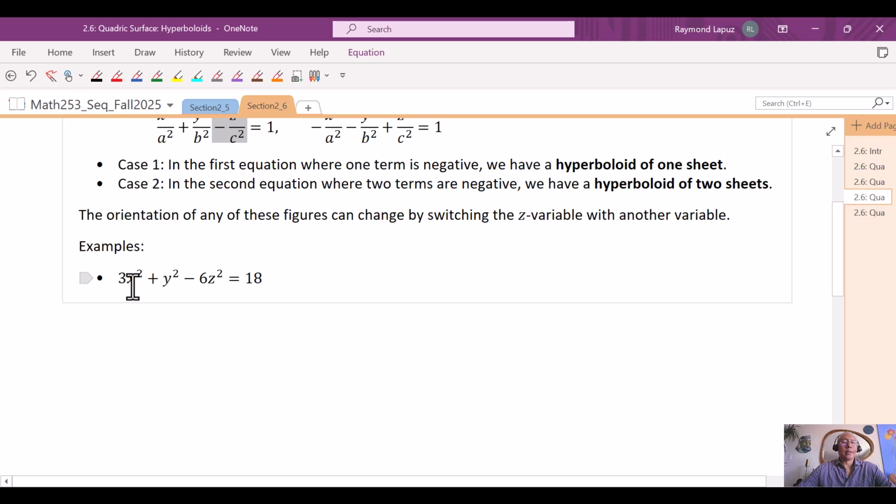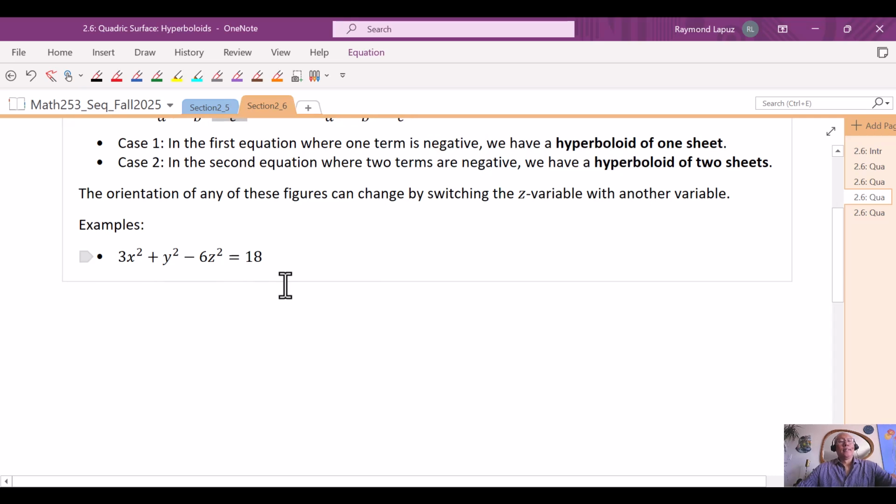Alright, let's take a look at our first example. We have 3x squared plus y squared minus 6z squared is equal to 18. The first step is to try to get that constant to equal 1, so let's divide everything by 18.